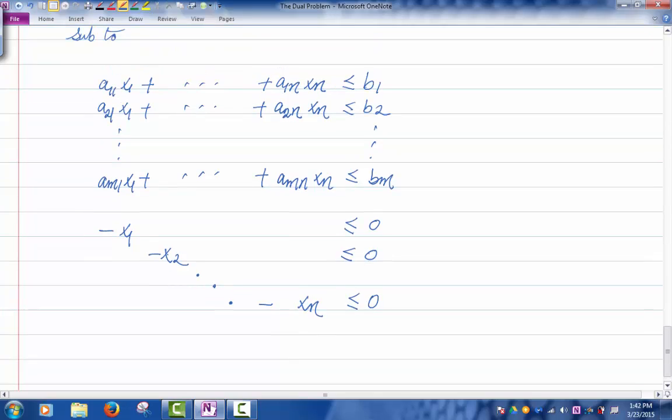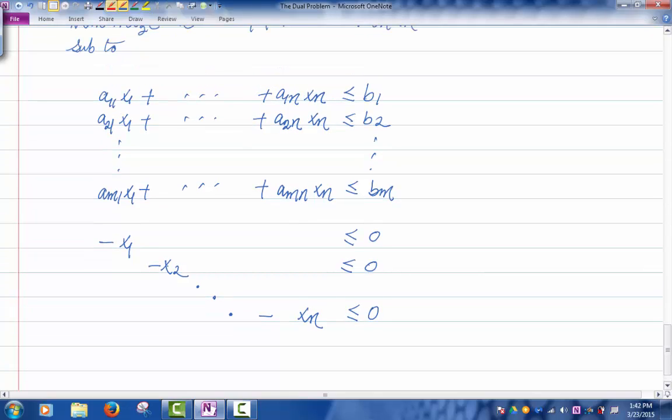Now the idea is that we are going to, first of all, let me again call the left-hand side of the first constraint L1. So the first constraint is L1 less than or equal to b1, right? The second constraint is L2 less than or equal to b2. So I'm calling L2 the left-hand side of the second functional constraint, and I'm going to take Lm for the left-hand side of the mth functional constraint.